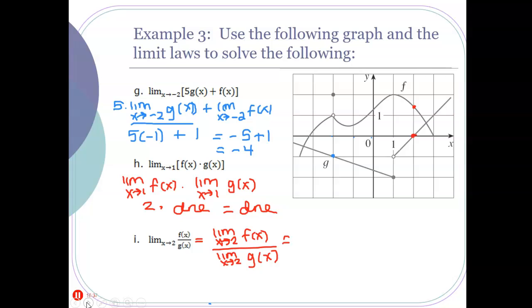So on f of x, that's like 1.5. And on g of x, that is 0. 1.5 divided by 0 is not DNE, because the limit doesn't not exist.